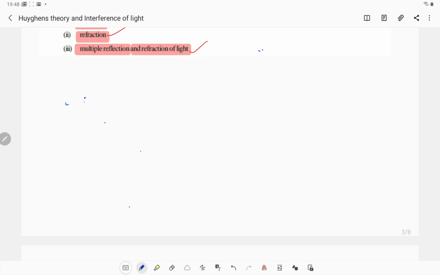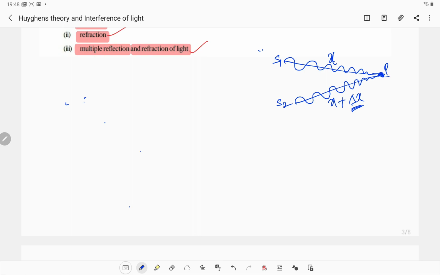Then we can study the mathematical expression of interference of light. See here, this is the source S1, this is the source S2, and this is the wave coming from the source S1. Here P is a point. At that point, these two waves are superimposed. From S1 to P, the path distance is x. From S2 it becomes x plus delta x. Therefore, between these two waves, delta x is the path difference.